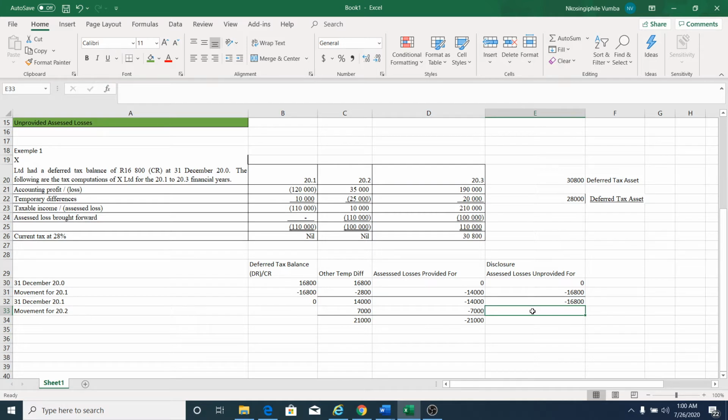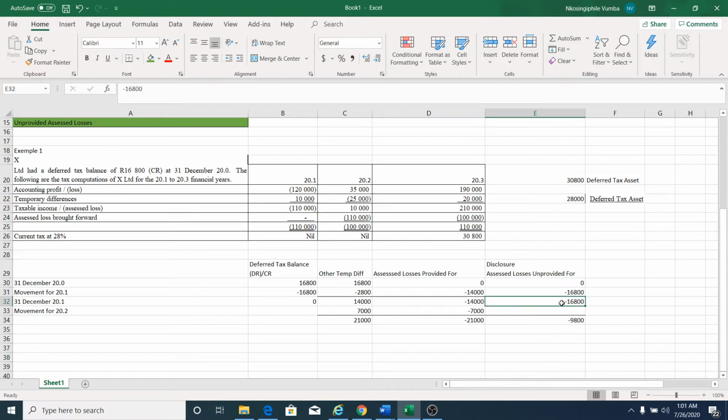If we say we had a deferred tax asset of 30,800 that was not provided for, and we have provided up until 21,000, it means what is not provided for at this stage is 30,800 minus this, which should give you 9.8.